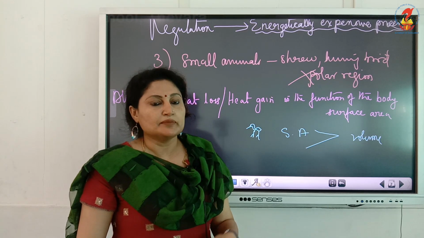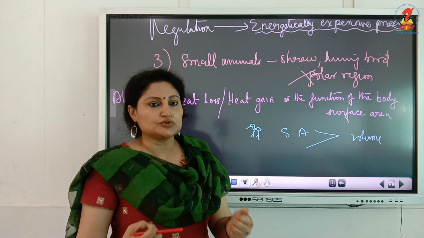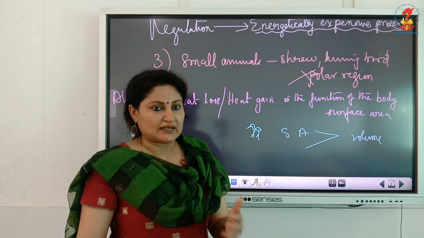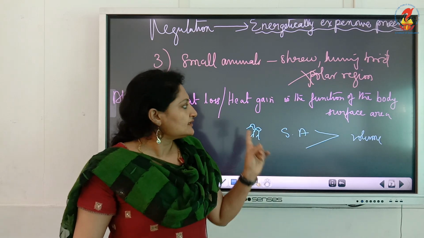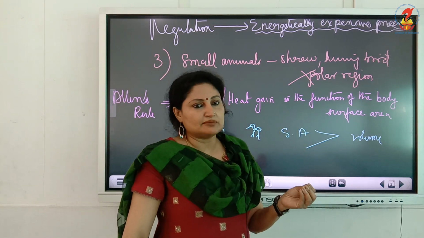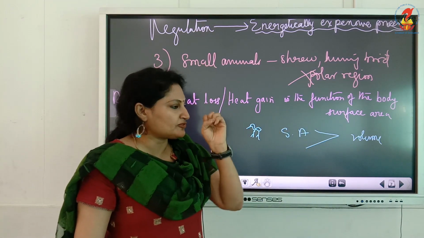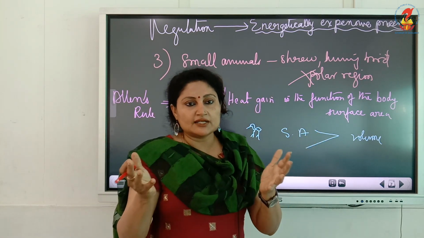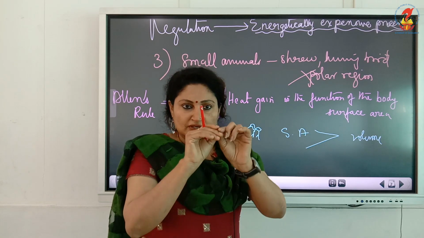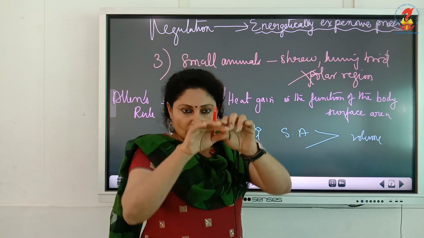It is better not to be present in that particular region than to be energetically expensive, using a lot of energy and metabolism to generate heat. This is the reason why these small animals, mainly the shrew and the hummingbird, which are very, very tiny, have a surface area larger than their volume, because there are crevices and curves of the body.